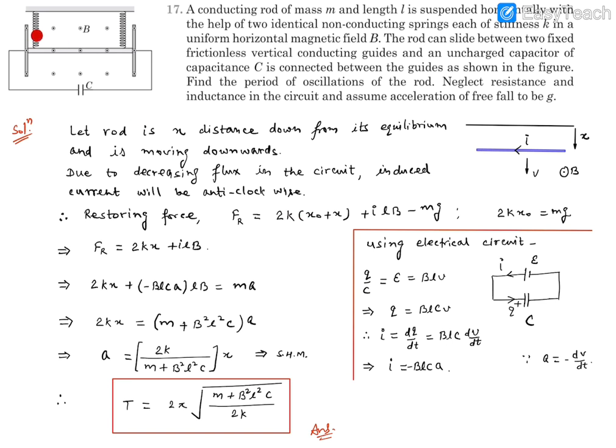One is due to the springs, which are identical: k(x naught plus x), that's the total elongation, into 2 for both springs, plus ILB because of the current through this conductor, minus mg, since gravity acts downwards. This will be the net force. But we know at equilibrium 2kx naught was equal to mg, so these get cancelled out. Effectively, the restoring force is going to be 2kx plus ILB.